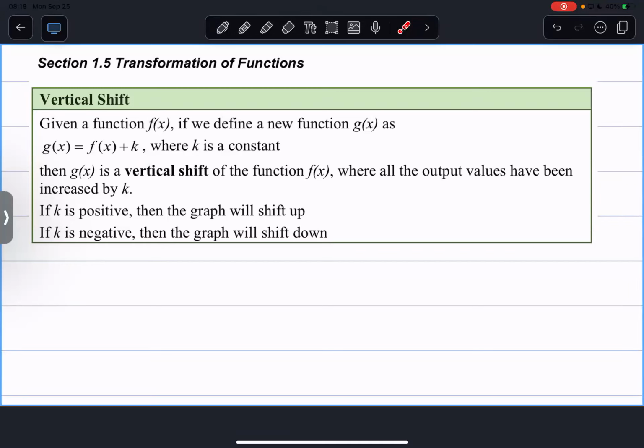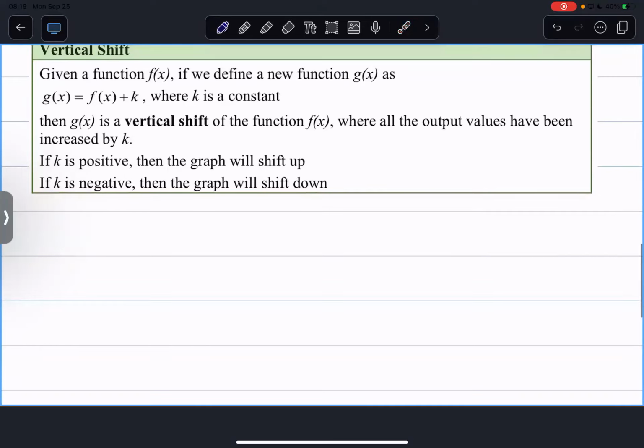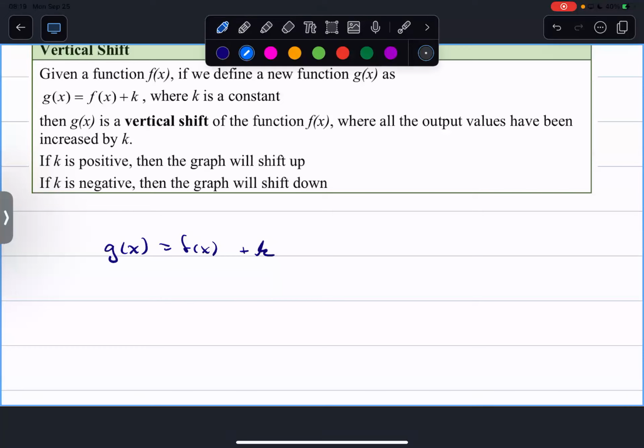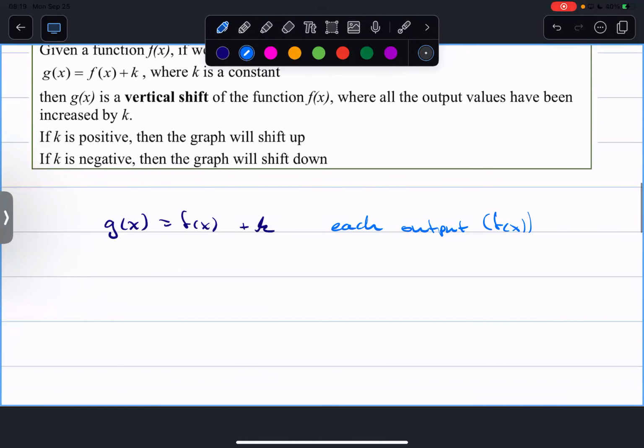That's moving things up. Okay. So here, if I have g of x equal to f of x plus k, what's that saying? It says each output, which is f of x, maybe I'll say to each output add k.